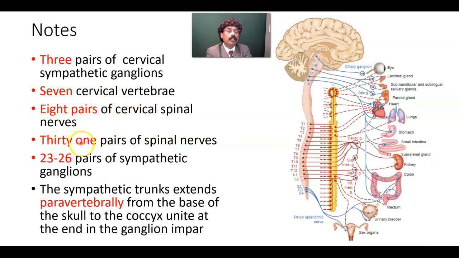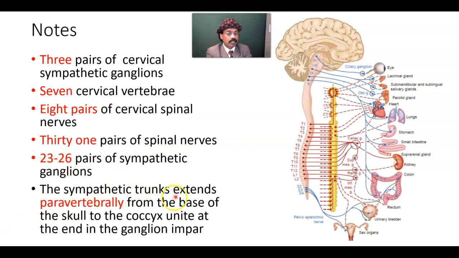We have in total 31 pairs of spinal nerves. And the number of ganglia in the sympathetic trunk is around 23 to 26. It varies from person to person. So spinal nerves number 31, but sympathetic ganglia number 23 to 26.